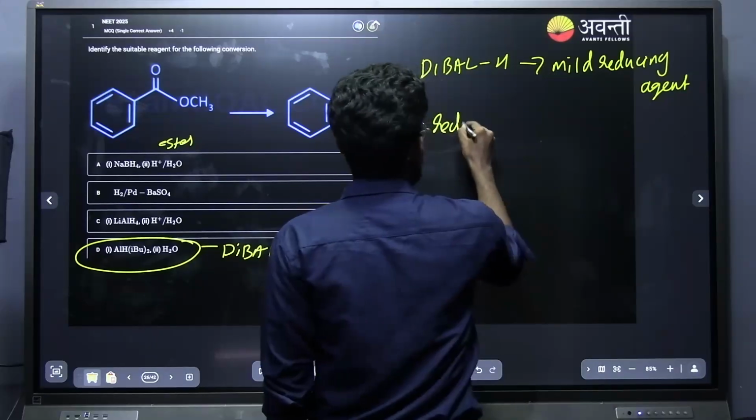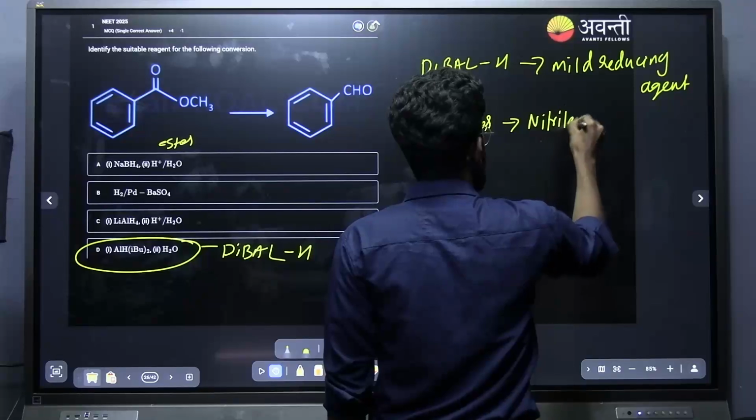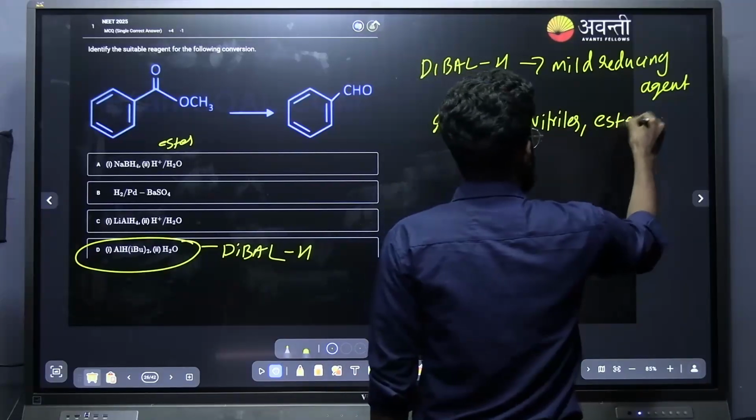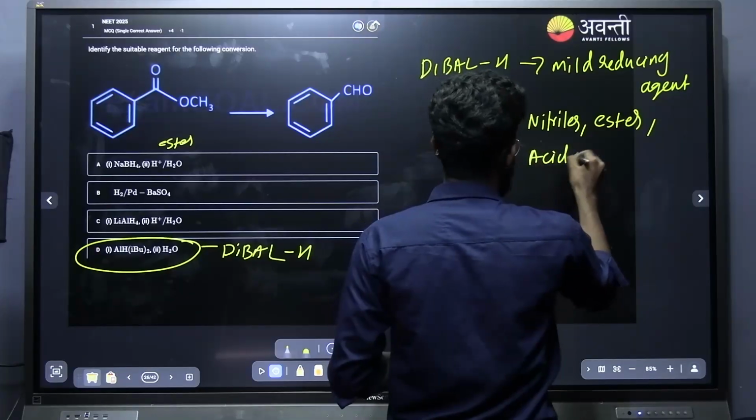It reduces nitriles, esters, then acid chloride.